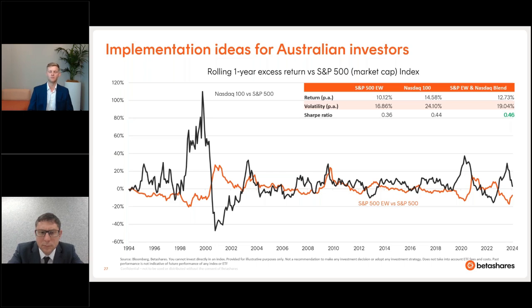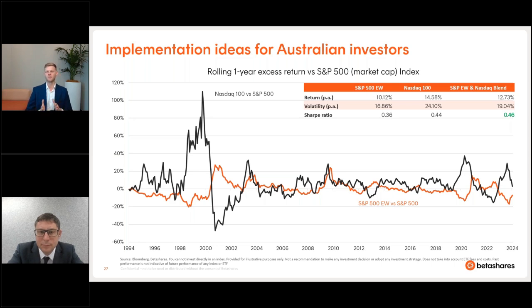And maybe unsurprisingly, given some of the momentum factors we've spoken about today, NASDAQ tends to be quite a momentum-driven index, being those large technology names. So we tend to find their outperformance and underperformance share a negative relationship.